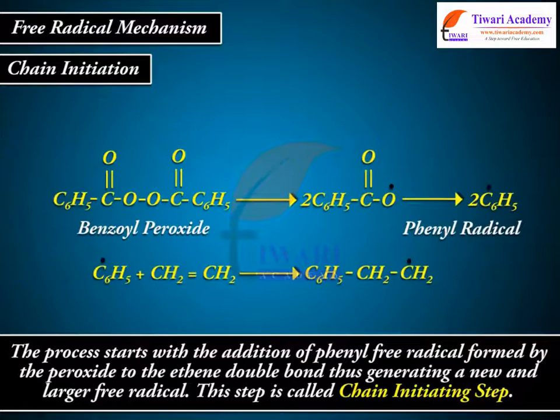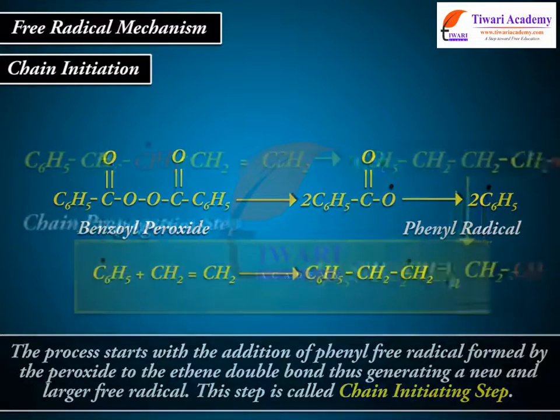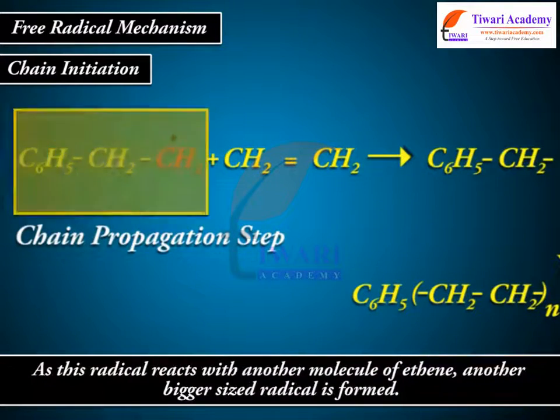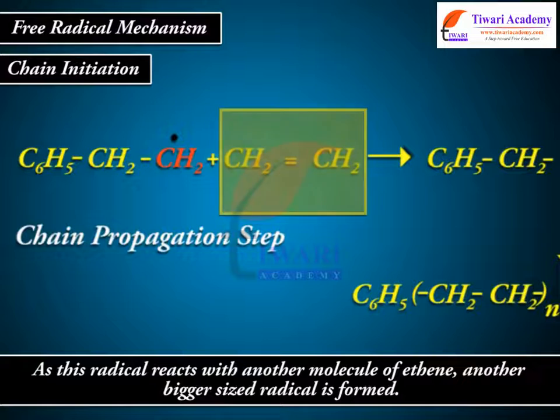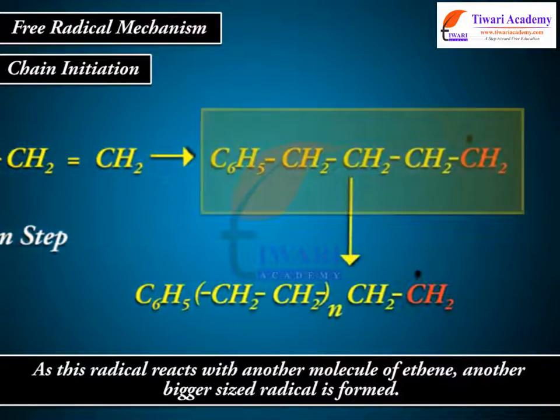This step is called the chain initiating step. As this radical reacts with another molecule of ethene, another bigger sized radical is formed.